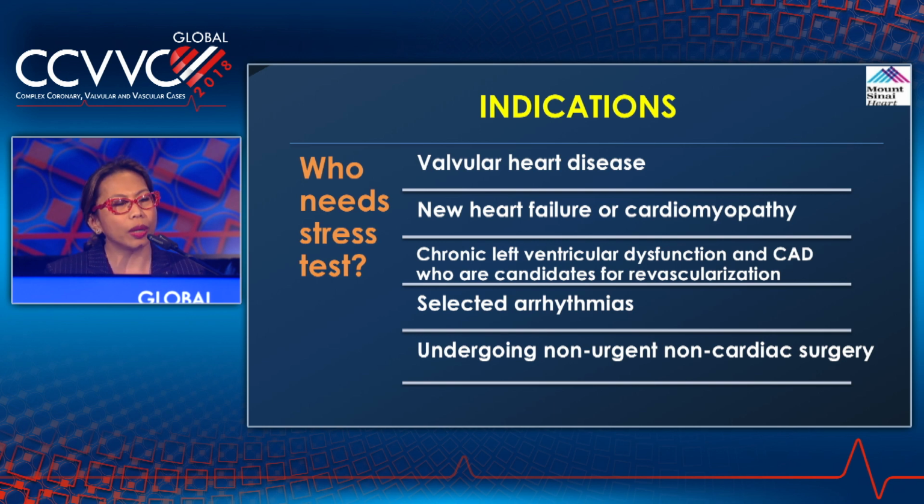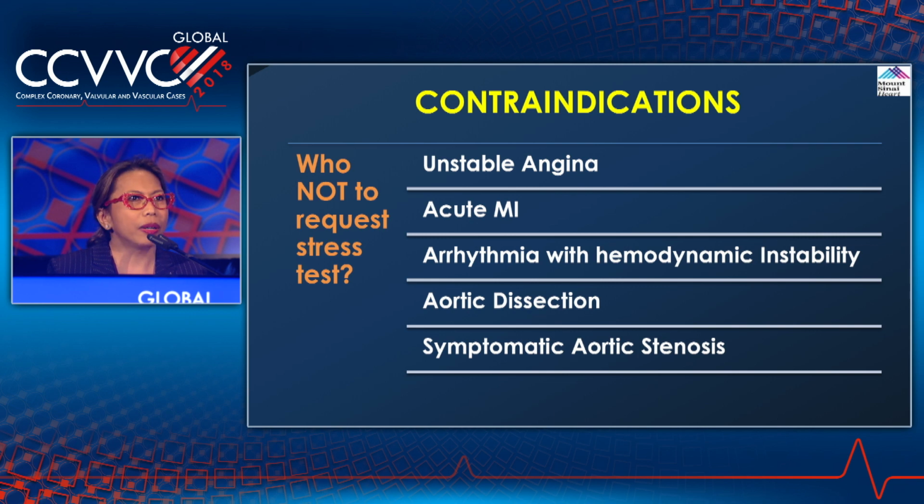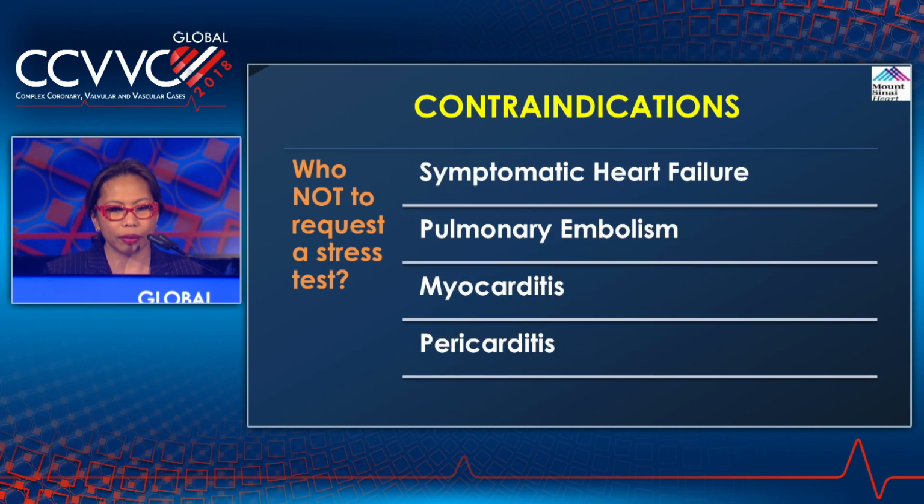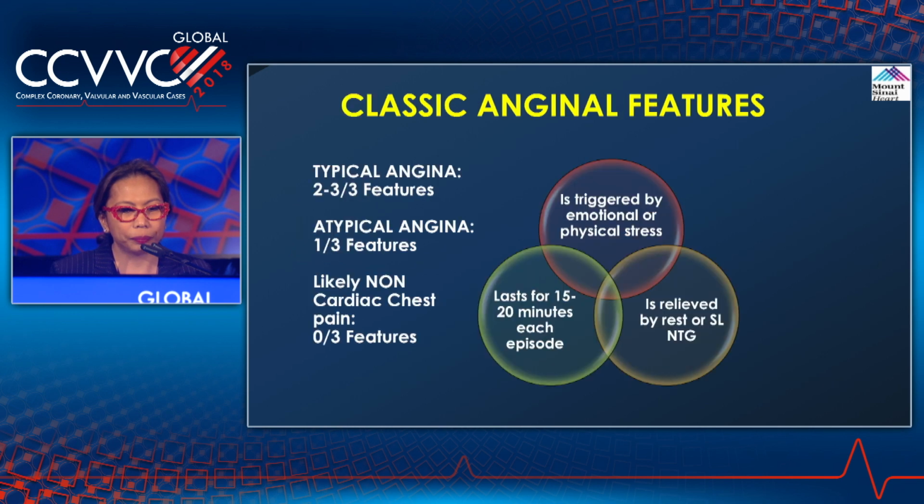Absolutely, you want to do a stress test before going for a cardiac cath if your patient is undergoing non-urgent, non-cardiac surgery. What are the contraindications? Absolute contraindications are unstable angina, MI, arrhythmias with hemodynamic instability, aortic dissection, and symptomatic AS. Relative contraindications are symptomatic heart failure, pulmonary embolism, myocarditis, and pericarditis.